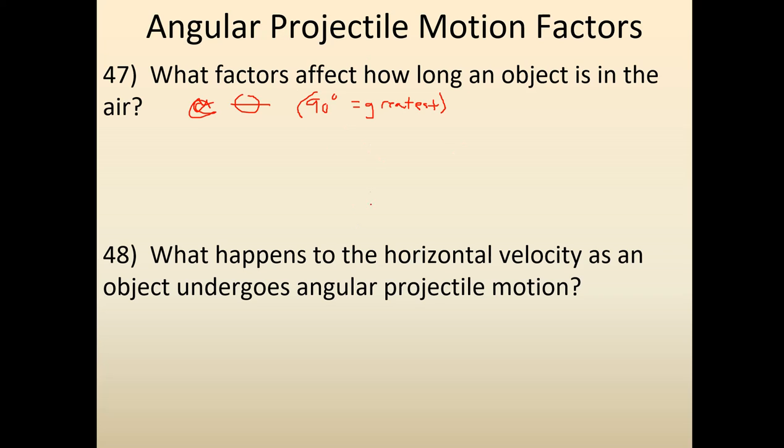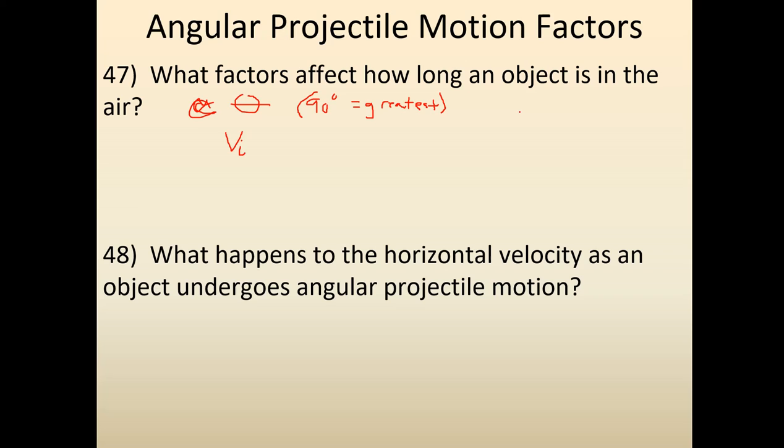Remember, the vertical direction is what's actually dictating how long the object is in the air. Nothing about the horizontal affects that. Horizontal values only affect where it lands, not when it lands. Some other things, the initial velocity also affects how long the object is in the air.